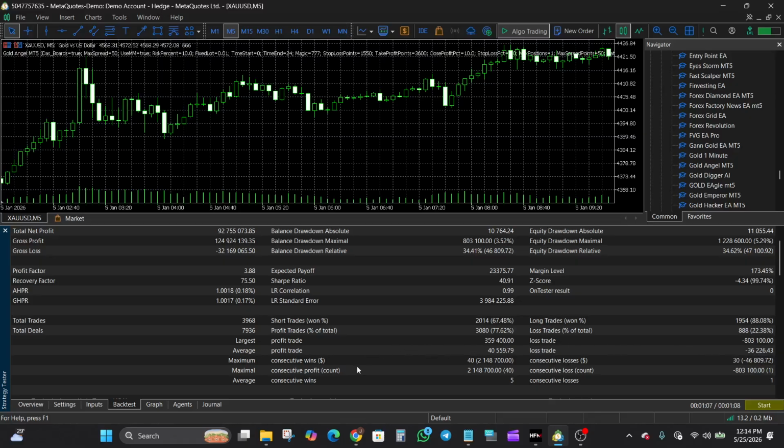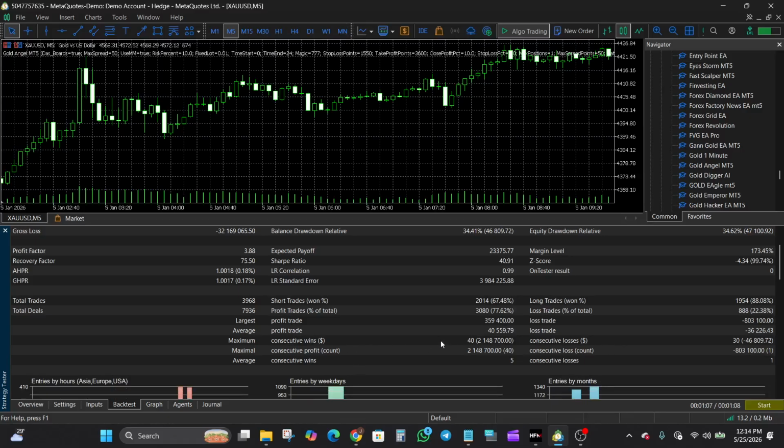36,226.43. So from what I can see here, the risk to reward ratio isn't exactly bad, right? The risk to reward ratio isn't bad, even though it's not far from 1:1. Okay. But then out of these 3,968 total trades, the short trades were 2014 with a 67.48% win rate.